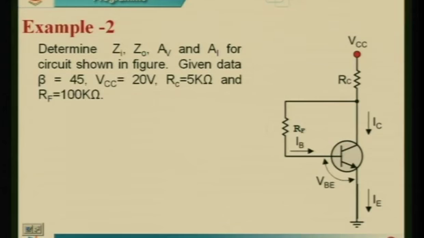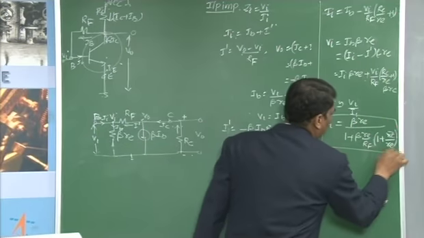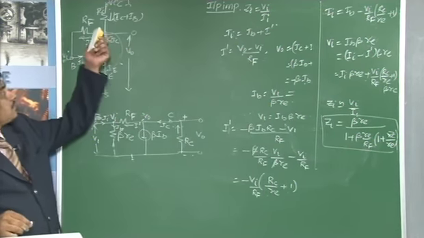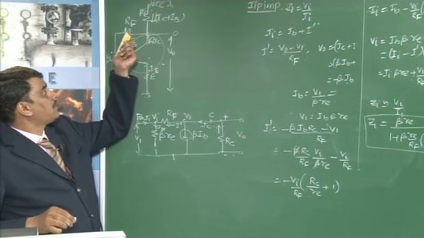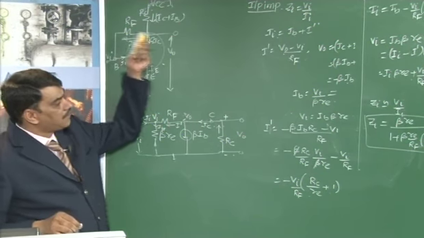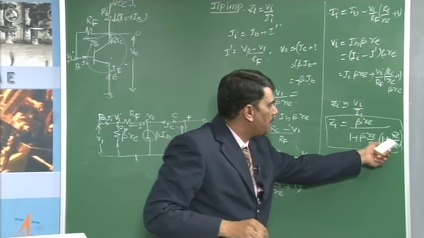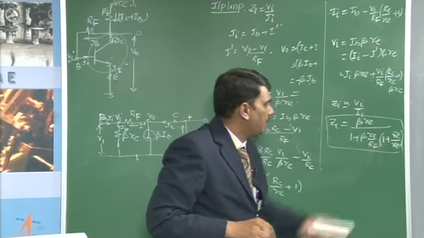So the input impedance of this collector base feedback circuit is given by beta Re divided by 1 plus beta times Re by Rf into 1 plus Rc by Re.